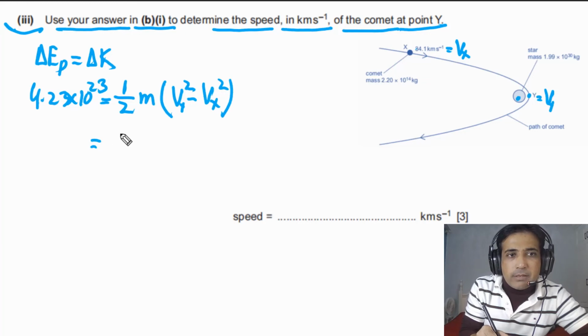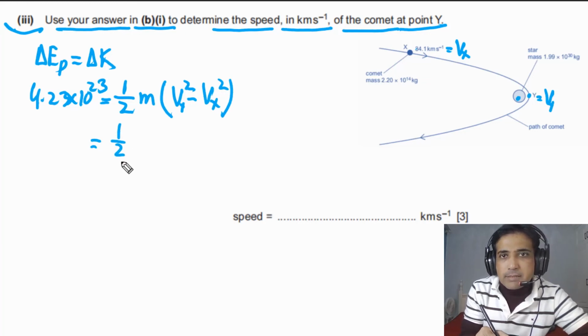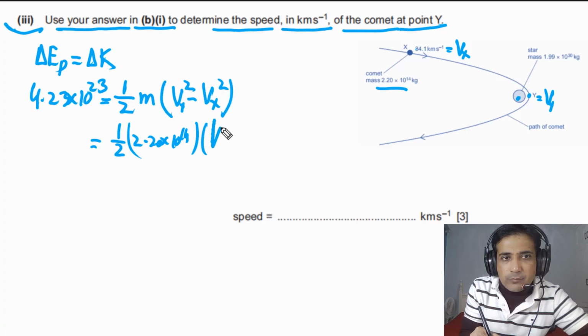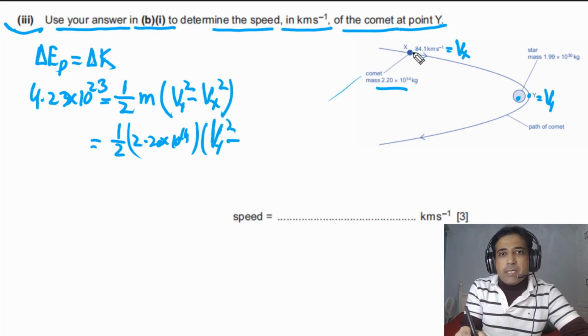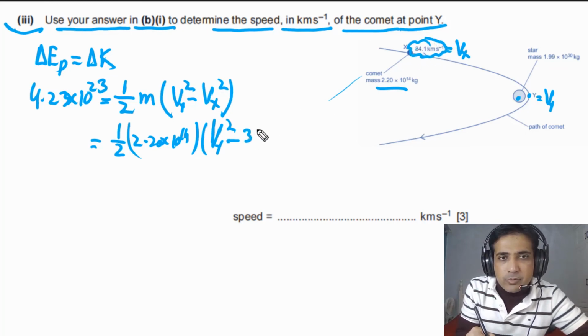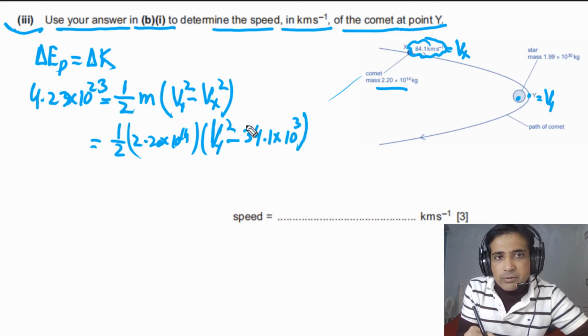Now we can plug in values. Mass of the comet is 2.20 times 10 to 14, times Vy squared minus Vx squared. Vx is given to us here, but we have to use meters first of all, so we multiply it by 1000 and square it.